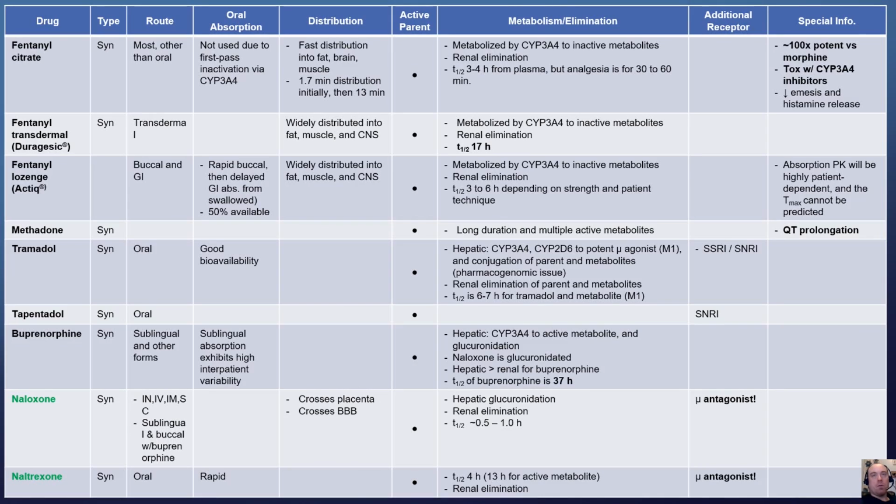I'll talk about how they're used in one of the subsequent slides here. But fentanyl's given in the cheek or in the buccal membrane, okay, and then it's got a unique combination of absorption that way and then absorption through the GI tract, okay.